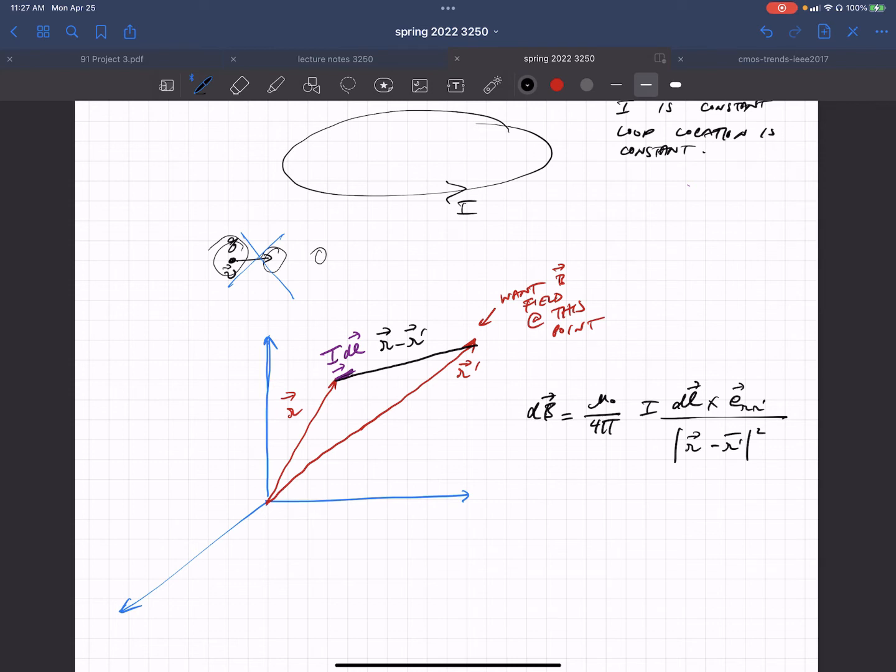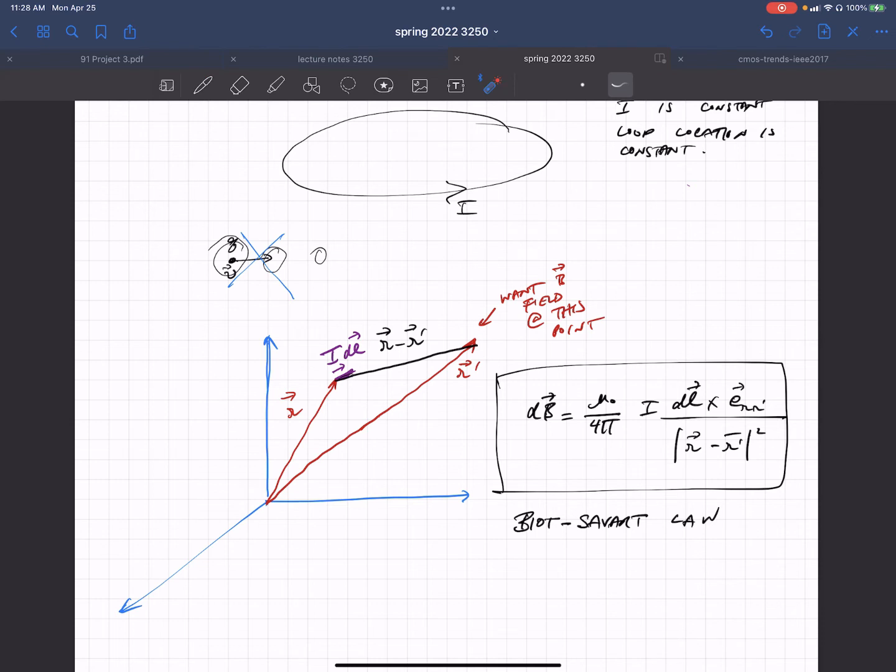Okay, so this is called the, I don't know how to pronounce it, the Biot-Savart law, which basically gives you the value of the magnetic field caused by this incremental length of wire at this location.